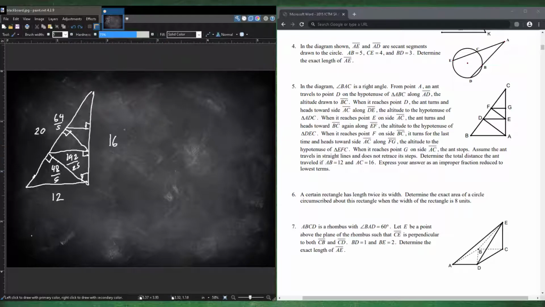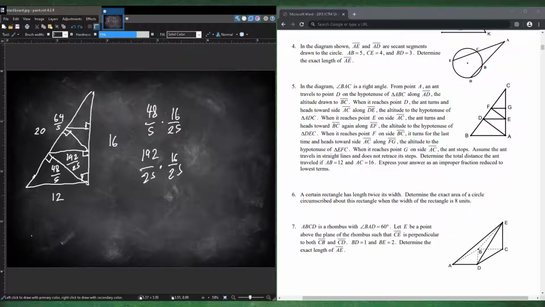So we have 48 over 5 times 16 over 25, which gets us this length. So we scale from this length to this side length, and 192 over 25 times 16 over 25 scales this length to this length.